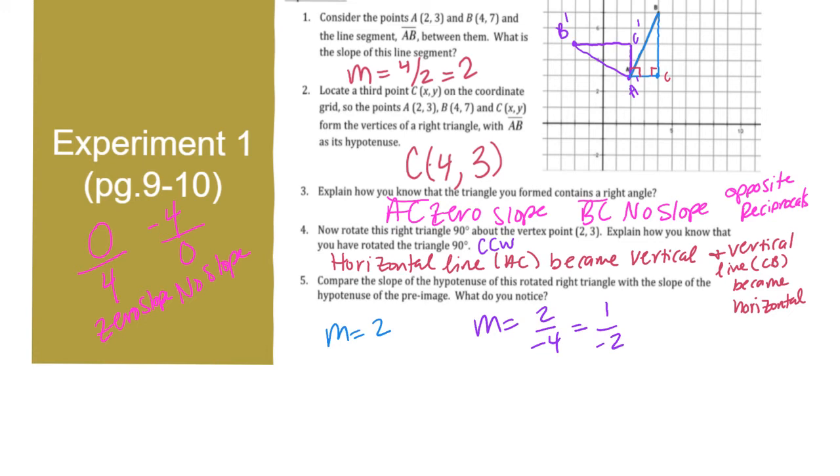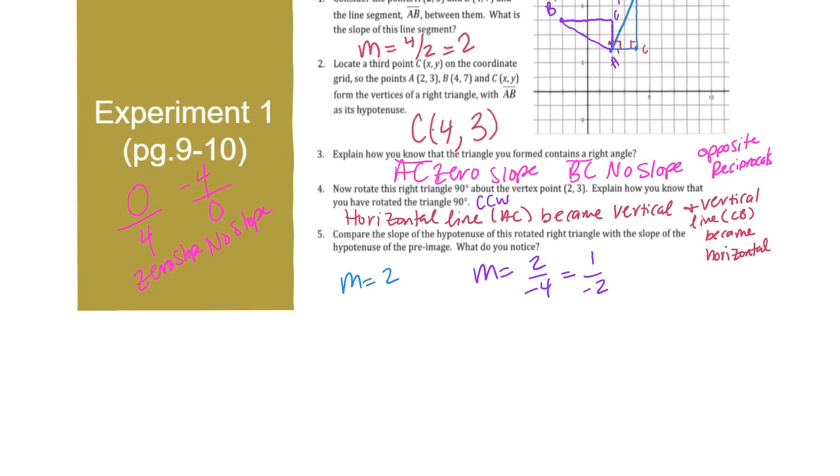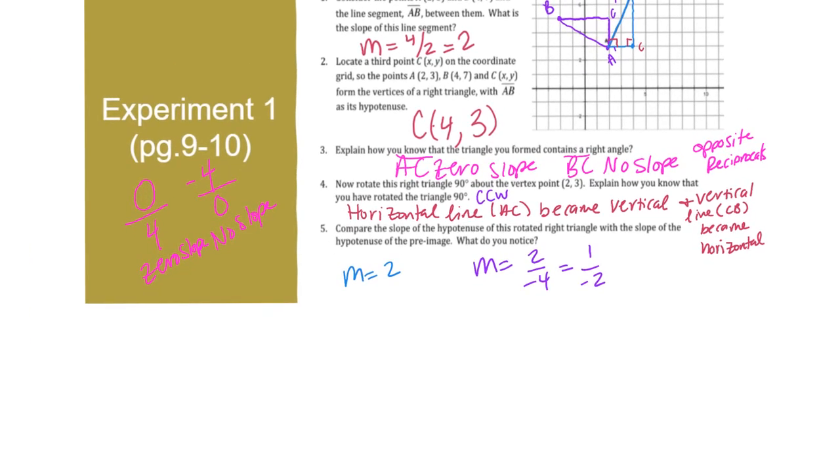And then we need to check and see if they're opposite reciprocals. So remember, opposite reciprocals have slopes. So you start out with the one that's a fraction. We flip it over. So then we get -2 over 1. And then you change the sign.